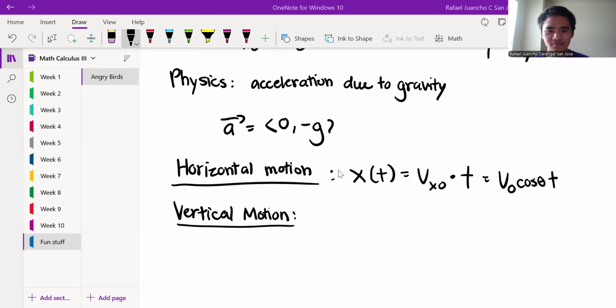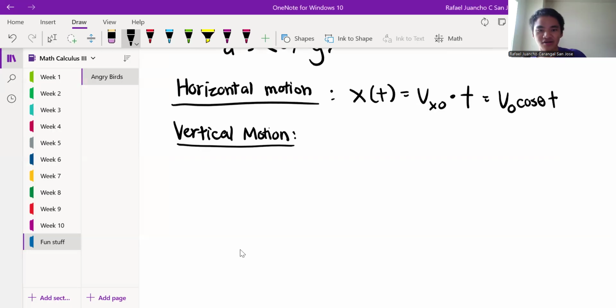So we actually have an acceleration here, unlike the horizontal motion. Our acceleration is a sub y, I'm just saying y because it's the y-axis, trying to relate it to math. And this is equal to negative g because that's our gravity going down.